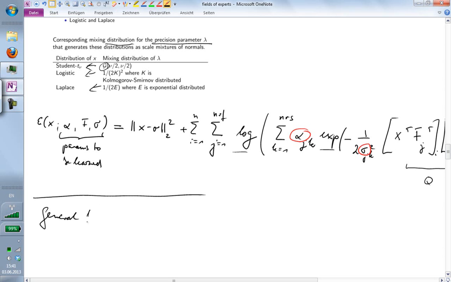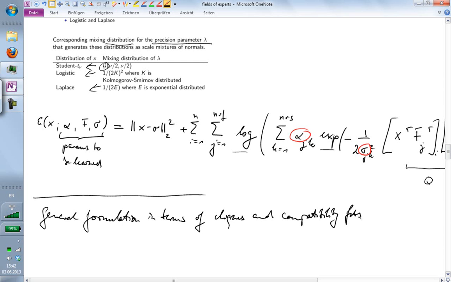So a general formulation in terms of cliques and compatibility functions looks as follows.